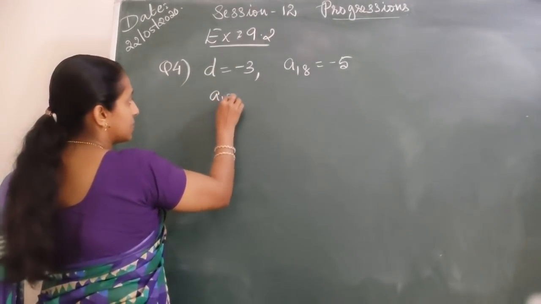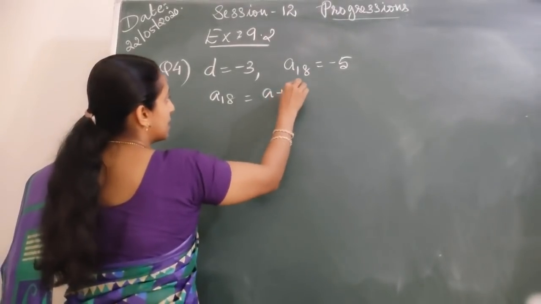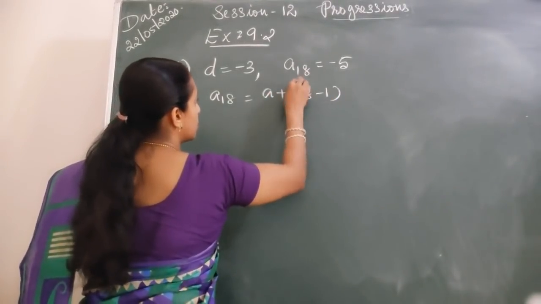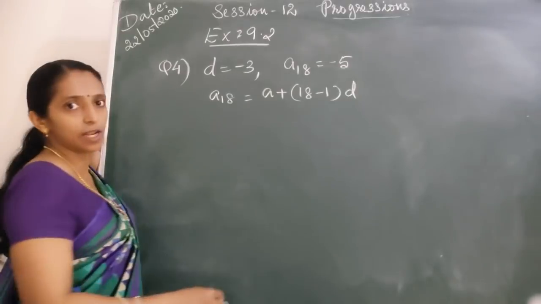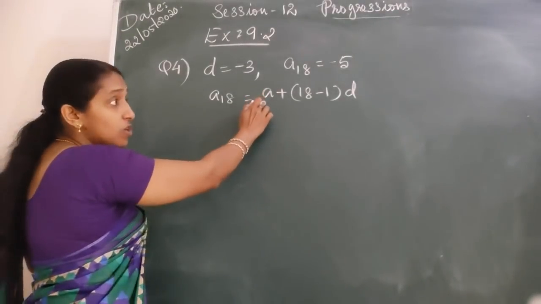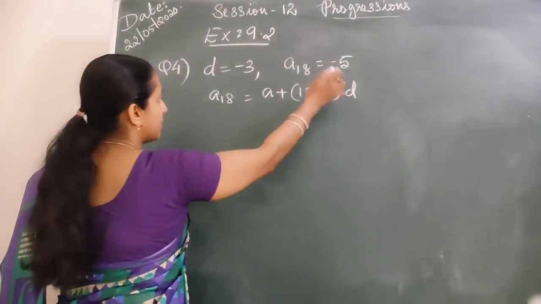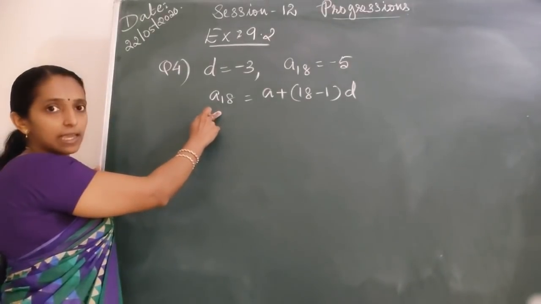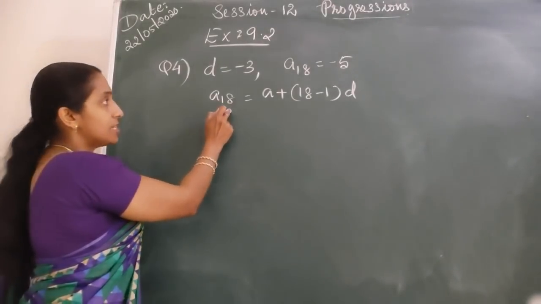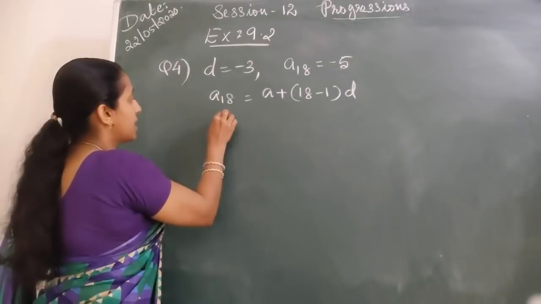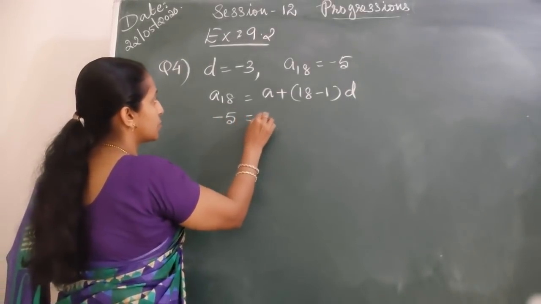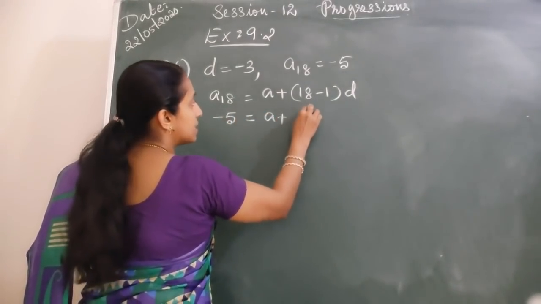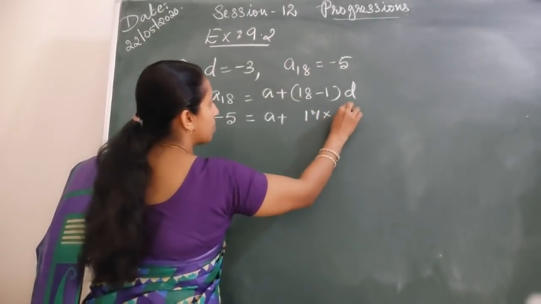A18 means A plus 18 minus 1 into D. This is our formula. And A is only unknown. D is given as well as A18 also given. So you will substitute the values. -5 is equal to A plus 17 into -3.